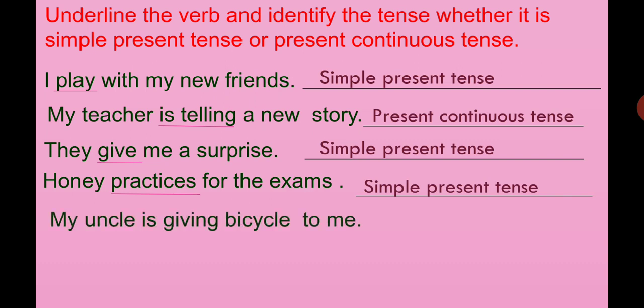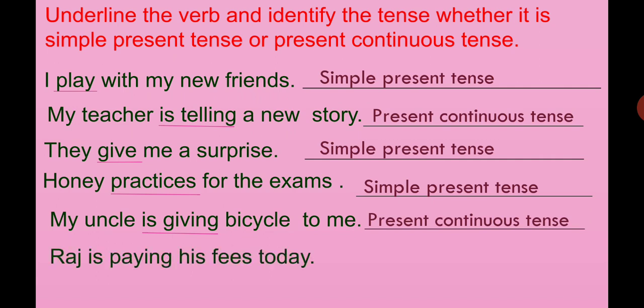Now, let's see another example. My uncle is giving a bicycle to me. What will be the verb in the sentence? Is giving. Here again, the ing form of the verb and is in the sentence. Then what kind of tense is it? Yes, it is present continuous tense. Now let's see the next sentence. Raj is paying his fees today.